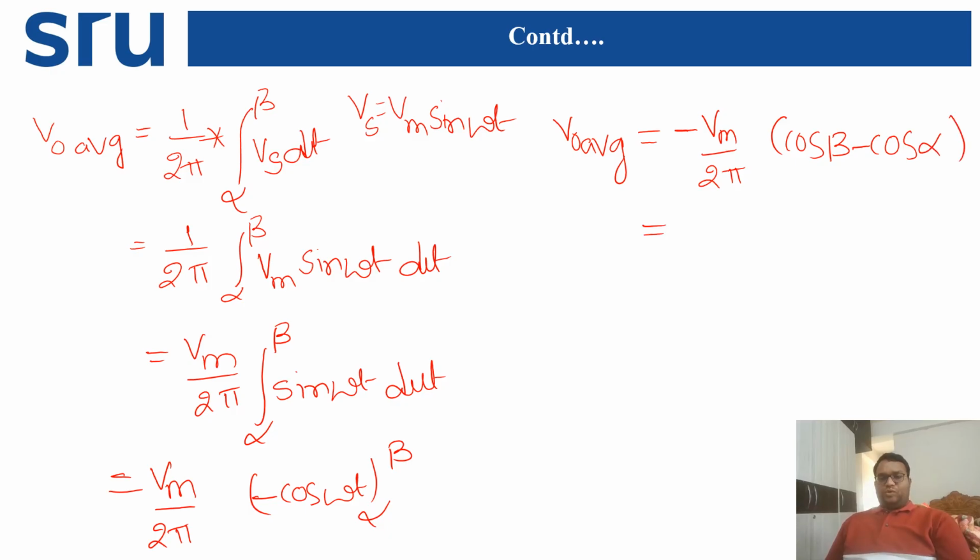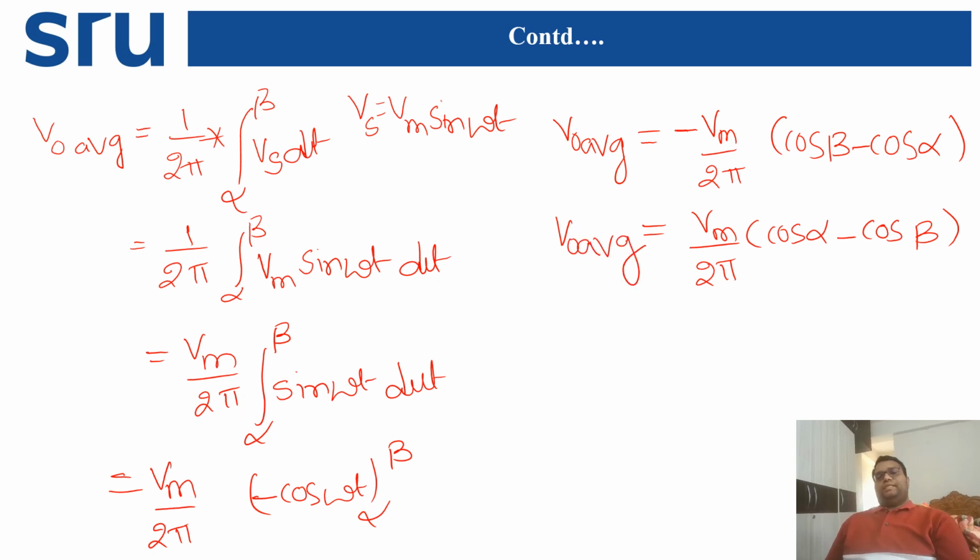Now applying the minus inside, it becomes Vm by 2 pi times cos alpha minus cos beta. This is the V naught average.